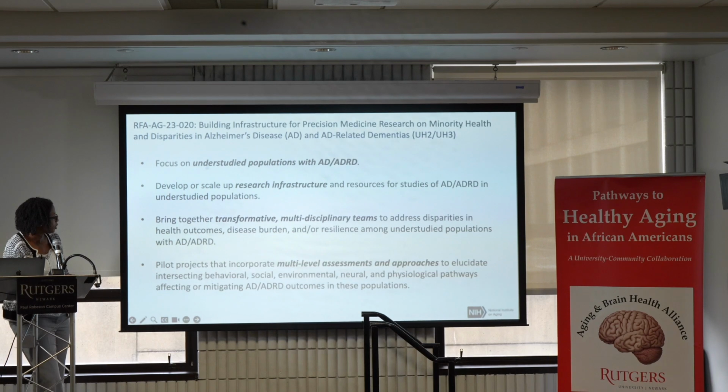And then we wanted them also to do some pilot projects to incorporate multi-level assessments and approaches to really start to understand how all of these factors intersect to look at AD and related dementia outcomes in these populations. So we're happy to say that this funding announcement was very successful in picking up 5 new studies focused on Asian Americans, Hispanics, African Americans, and we're looking forward to seeing the type of research that emerges from these studies.